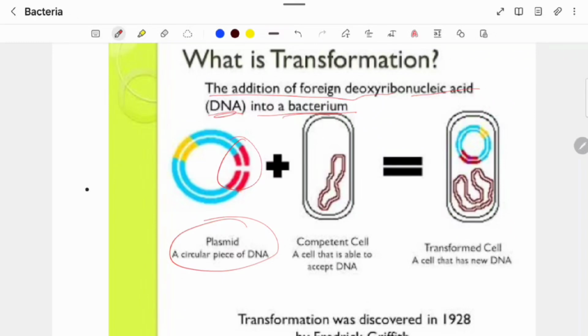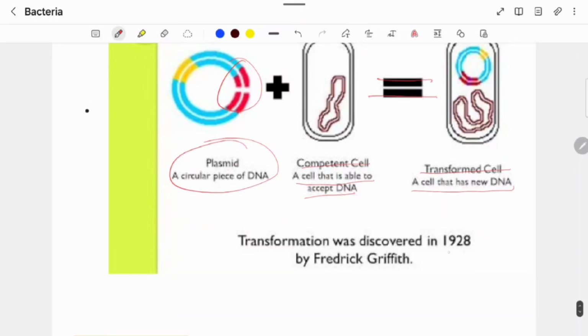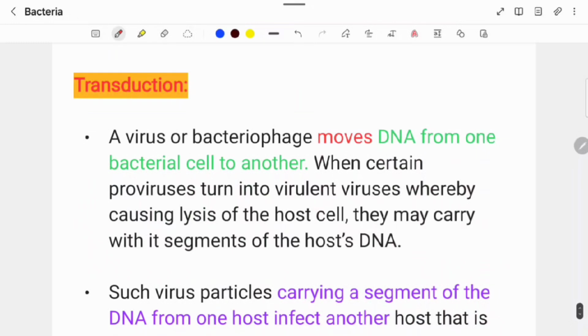A competent cell, a cell that is able to accept DNA. A transformed cell, a cell that has new DNA. Transformation was discovered in 1928 by Frederick Griffith.